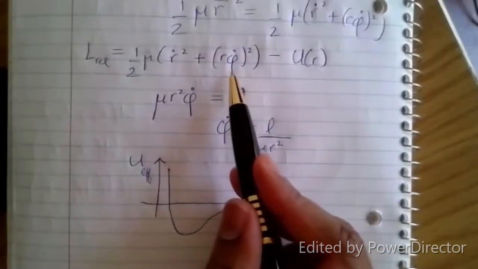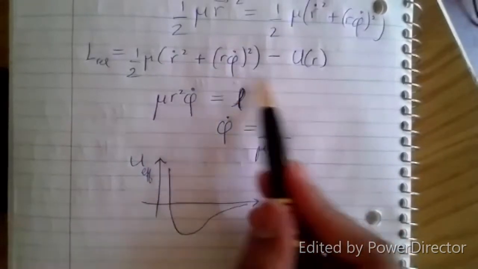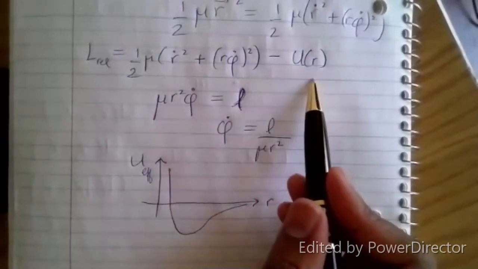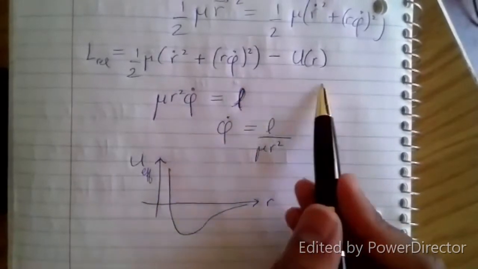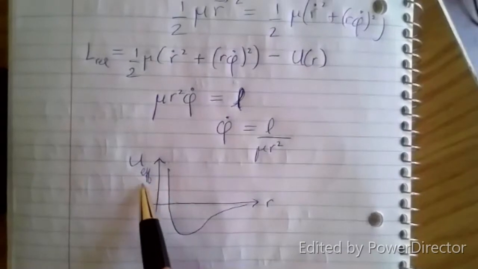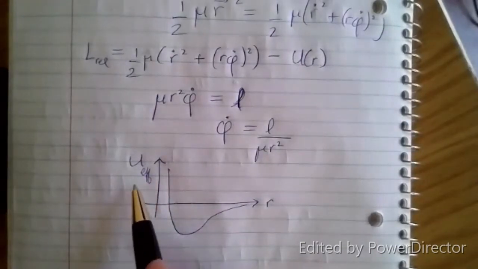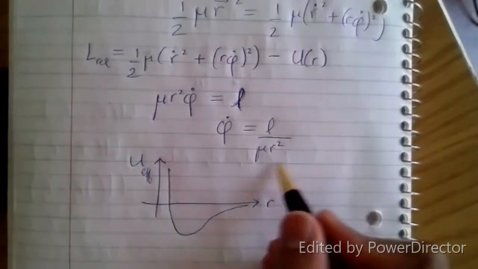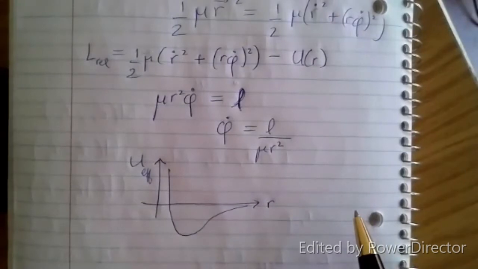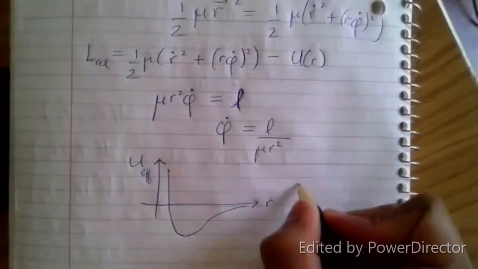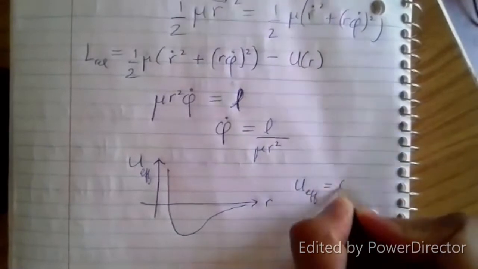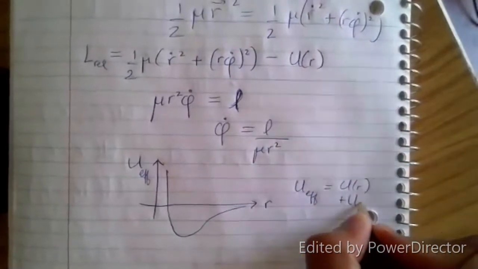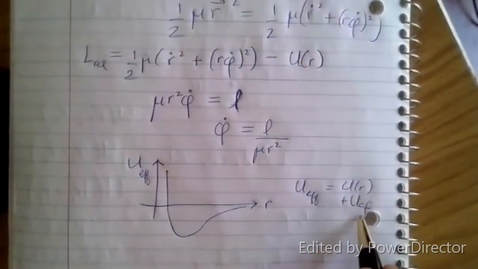So we have an R term here, and we have U of R. So it makes sense to just lump them together into an effective potential, which combines the true potential plus this angular momentum term. So effective potential is the true potential plus what we'll call the centrifugal potential energy.